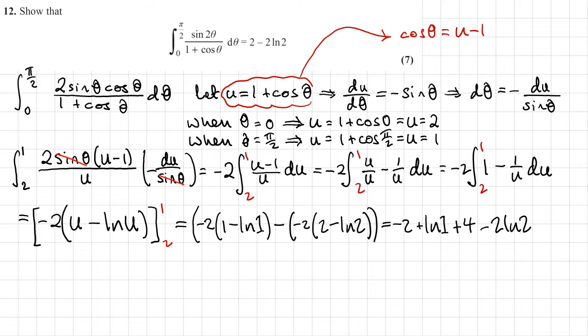Now the natural log of 1 is 0, so that's gone. Then we've got 4 minus 2, which is 2, and then minus 2 log 2. Okay, so we've proved it as they wanted, as required.